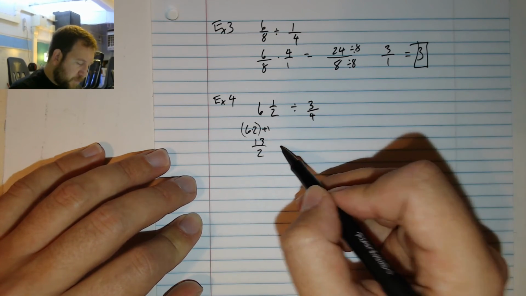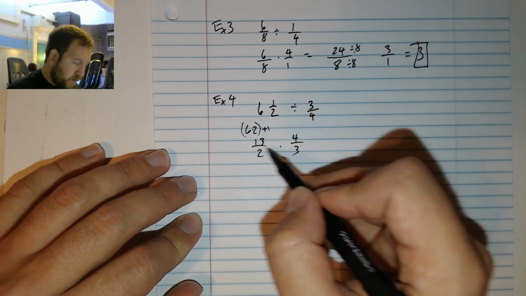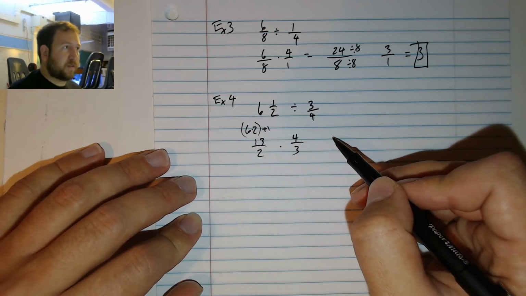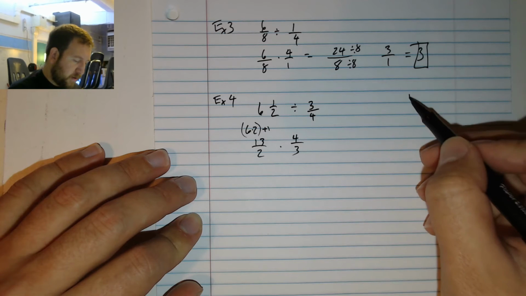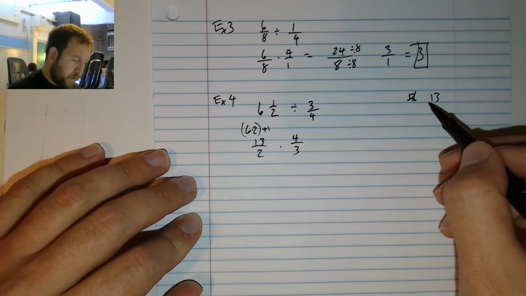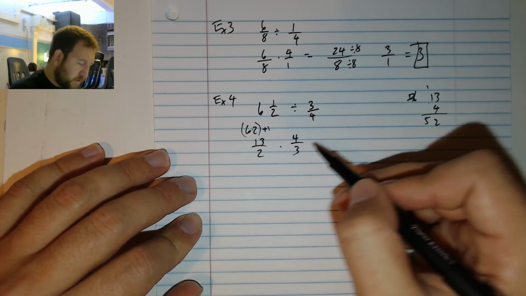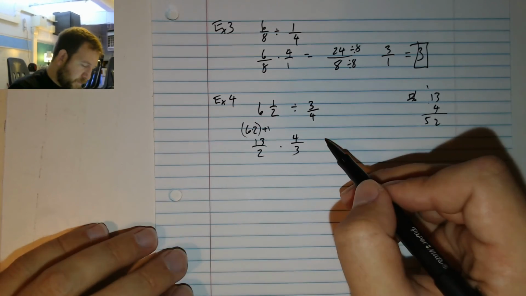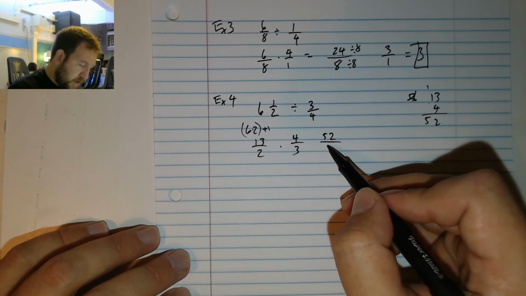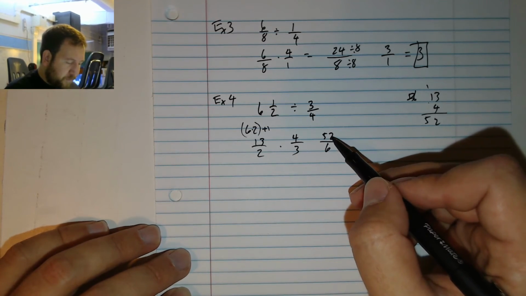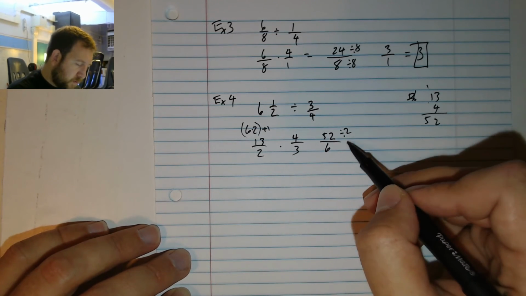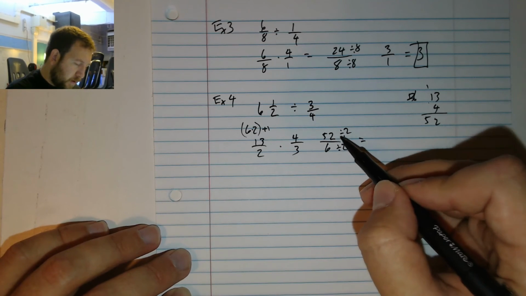I'm going to reciprocal. 4/3. 13 times 4 is, I'll come back to that in a second. Actually, I'll just do it over here. 4, 5, 52. Okay. I was thinking something around there. 52/6. I can divide both by 2.